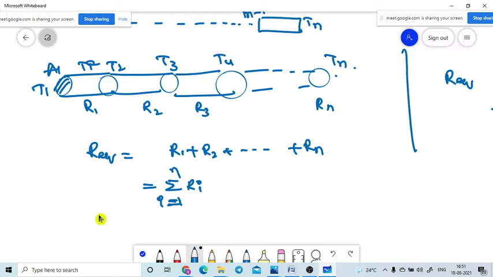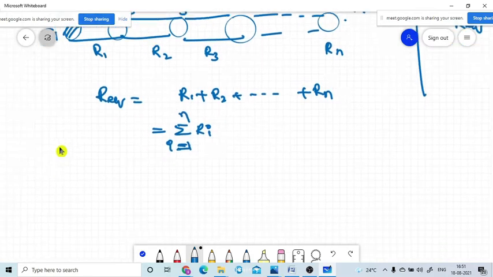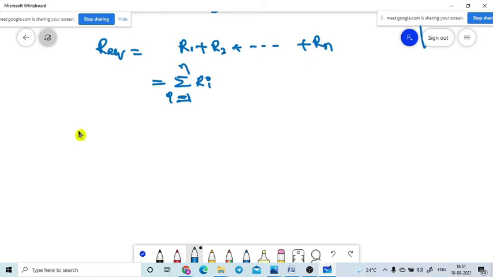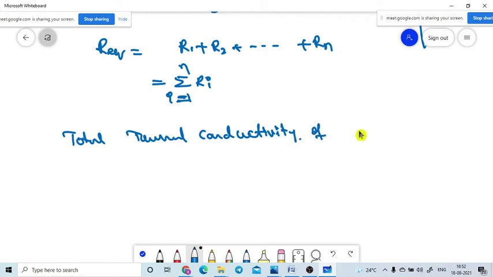Now what about the equivalent thermal conductivity of the material? If you want to find out the total thermal conductivity of the material, material means we are taking the complete slab, not a single slab.